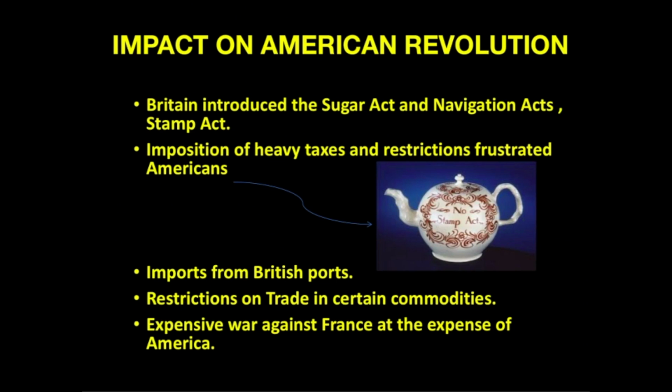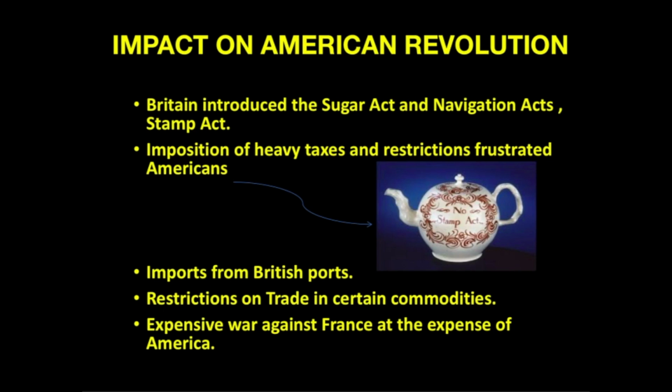We have earlier seen what the mercantilist policy of Britain was and how it affected American markets and profits. So now, why did it lead to the American Revolution? For this, we need to understand a little more background.